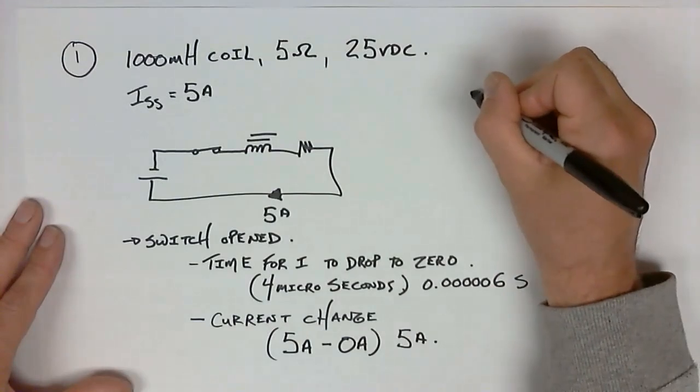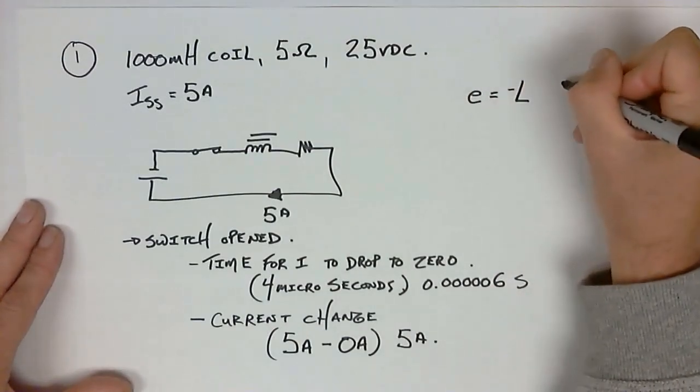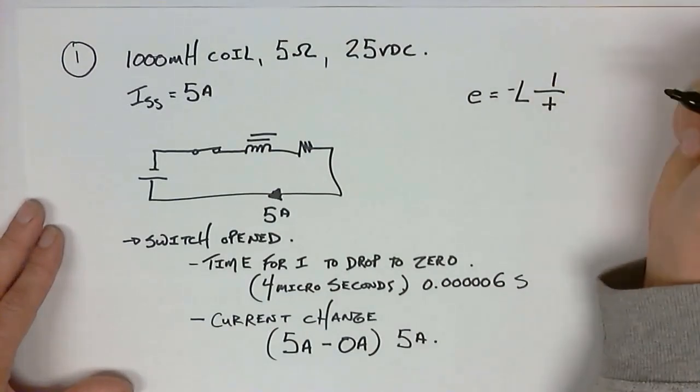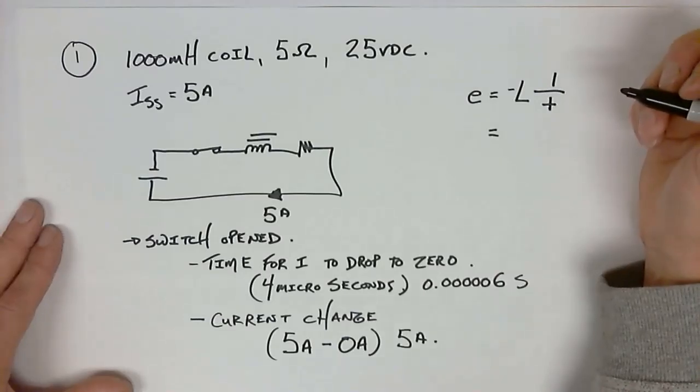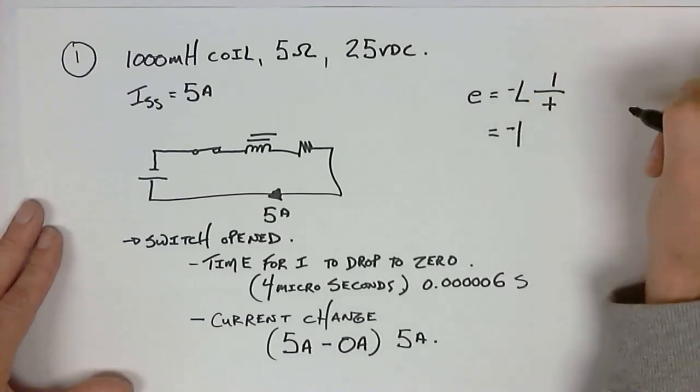So let's plug that into our calculator and see what we get as a value. Remember, E is equal to negative L, the change in current over the time it takes to change that current. So we've got 1,000 millihenries, which is 1 henry, so we put negative 1.